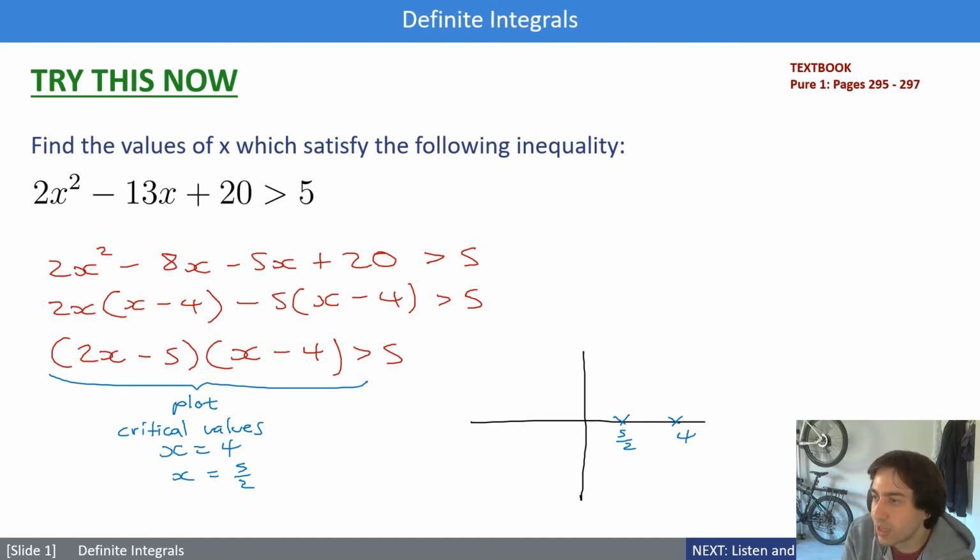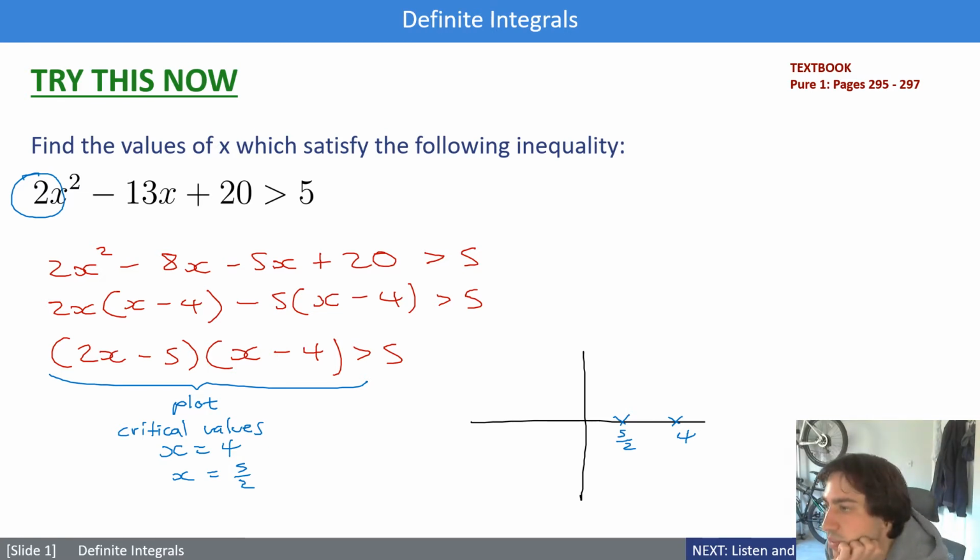And we know that because it's got a positive value before the x squared, it's a U shape rather than an N shape. We could even say where it crosses the y-axis, right? It crosses the y-axis, in this case, at 20. Because that's when x equals 0, we get 20. So the graph looks something like this.